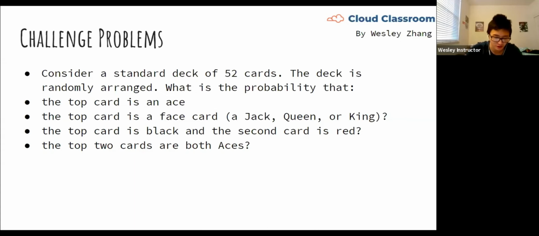The book says there are 13 aces in the deck of cards. That's wrong. There are only 4 aces. In a deck of cards, half the cards are red and half the cards are black.